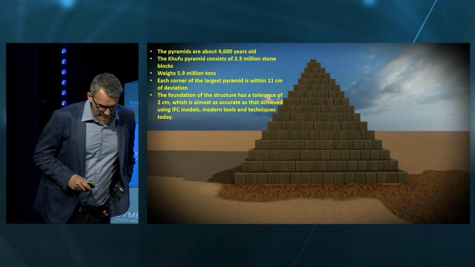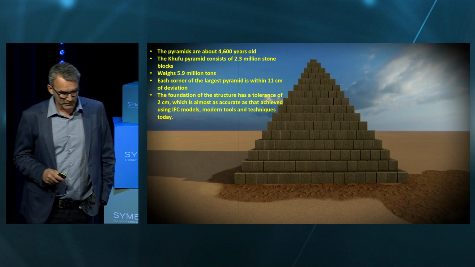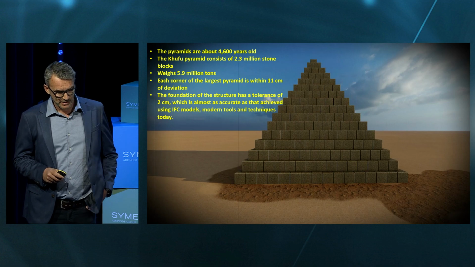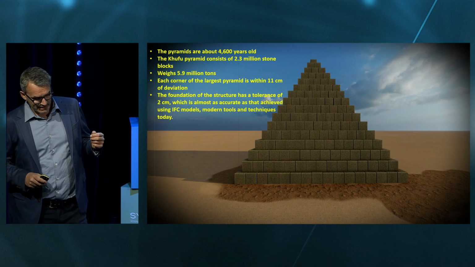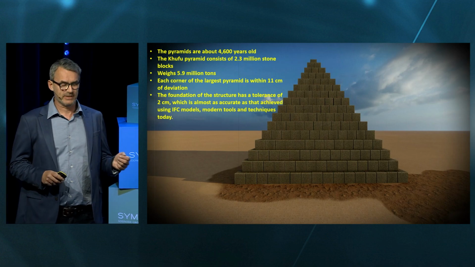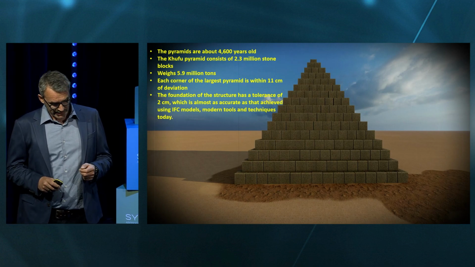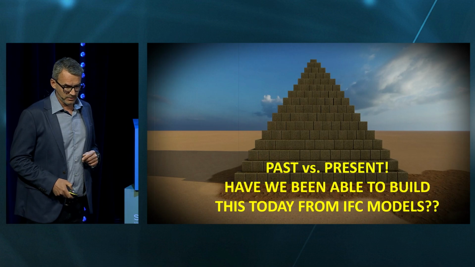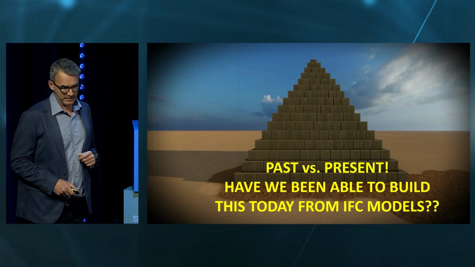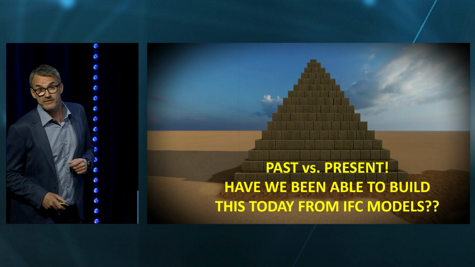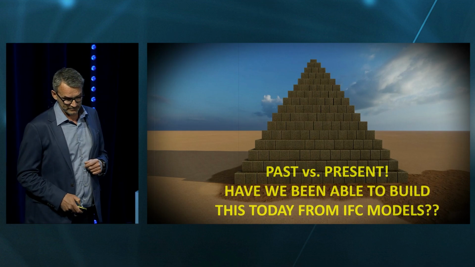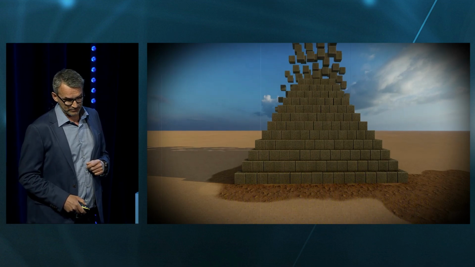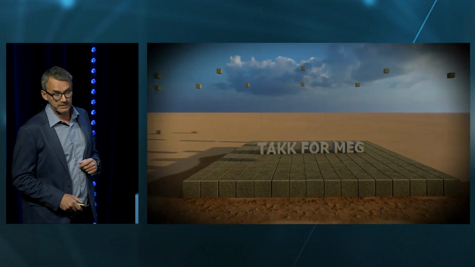And the foundation of the structure has a tolerance of 2 centimeters, which is almost the accuracy we achieve using IFC models, modern tools and technology today. So, past versus present. Have we been able to build this today from IFC models? Yes, thanks for your time.